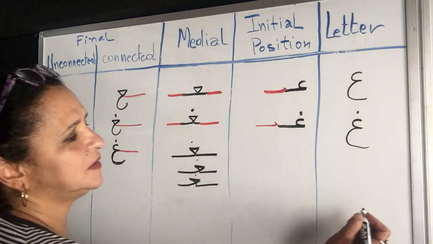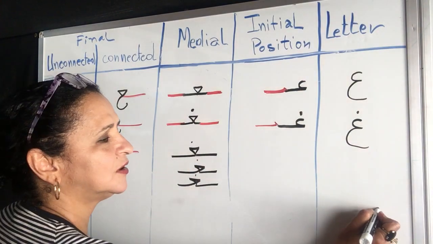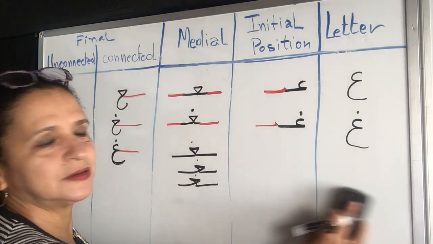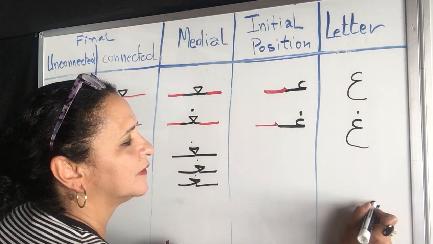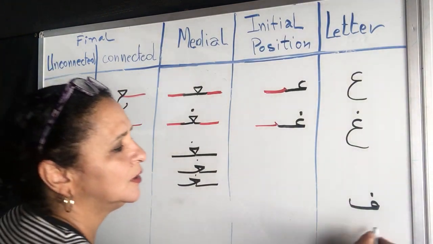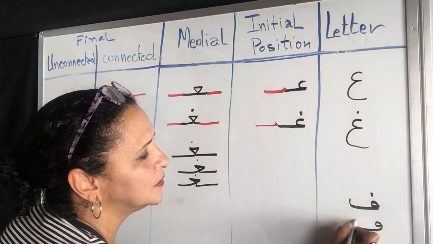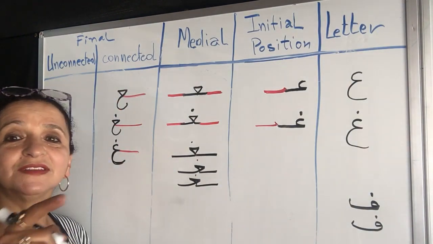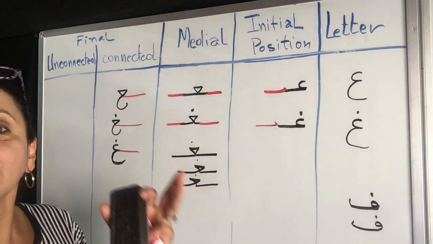Okay, fa by itself, look here. I hope I'm going straight on the line. Fa, you can write it this way, or you can do like this. Both shapes are correct. Okay, this is fa by itself.